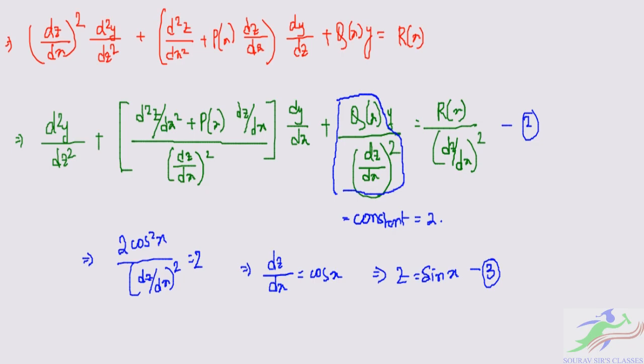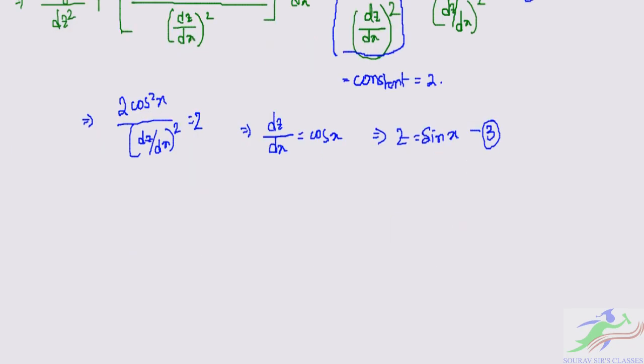We already have dz/dx is cos x, right? So if we take the double derivative, d2z/dx2 is nothing but equal to minus sin x.